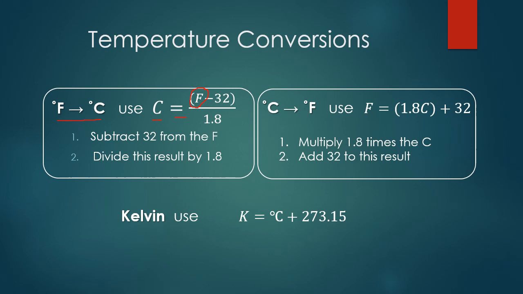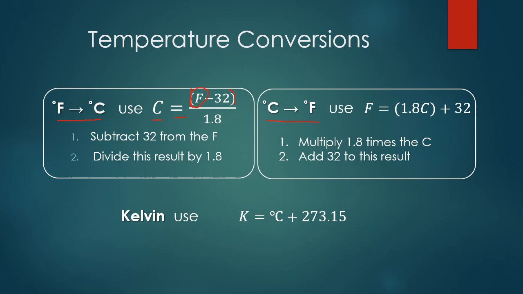Now the trick with this equation is make sure you're doing that subtraction portion first, so the Fahrenheit minus the 32. Do that first or put it in parentheses in your calculator before dividing it by 1.8. Otherwise, by order of operations, your calculator will do 32 divided by 1.8 first and then do the subtraction and you'll get an incorrect answer.